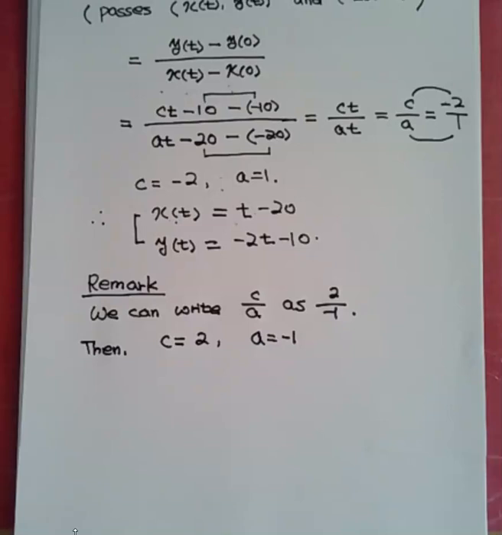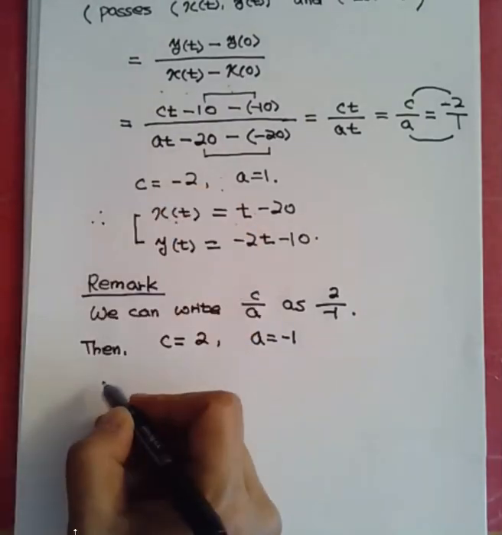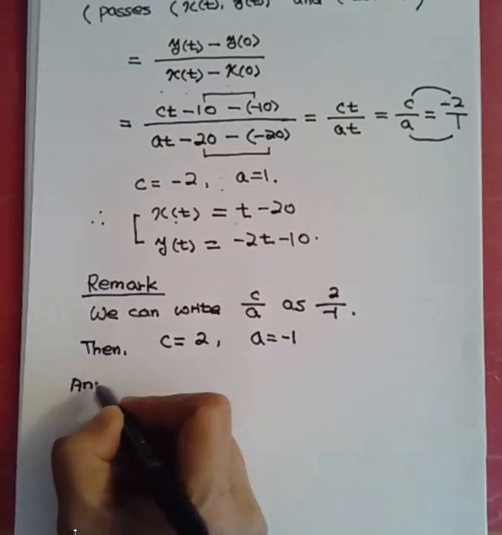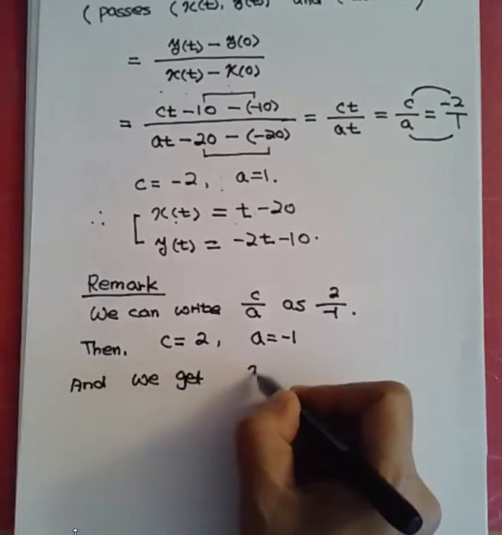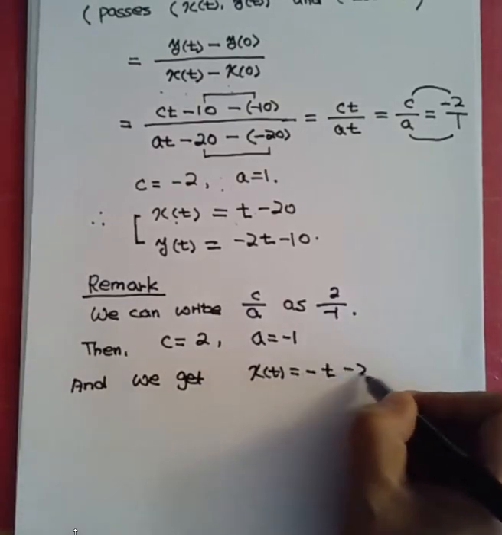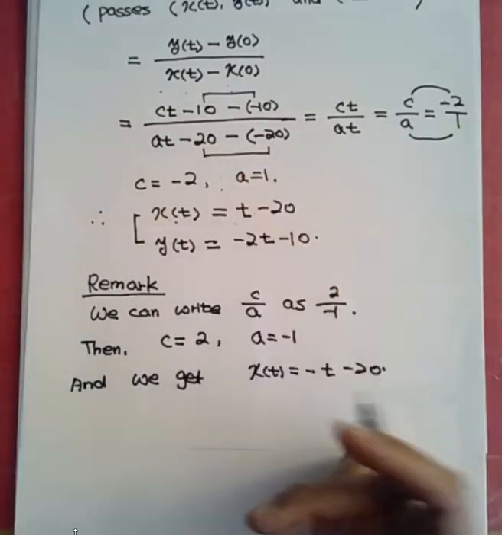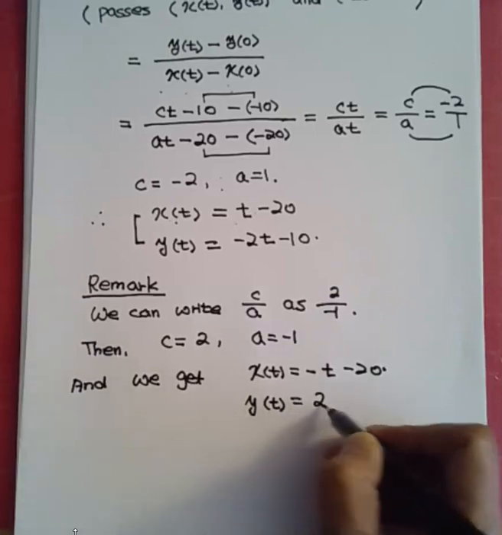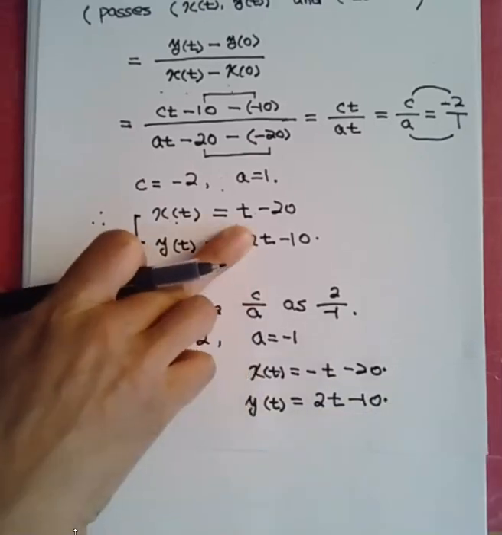So everything will be the same, but those will be different. So x of t will become minus t minus 20. Instead of 1, we have to put -1 here. And y of t equals 2t minus 10. Instead of -2, we put 2t.